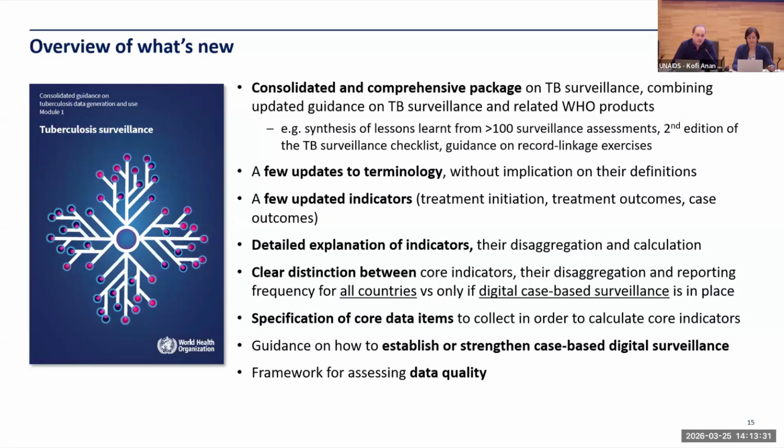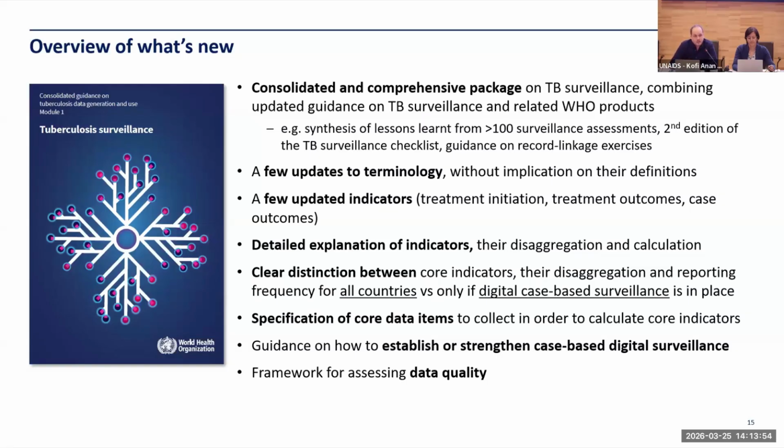We have a new way to disaggregate treatment outcomes, now by duration of treatment, so treatment regimen, rather than case type. And now we also have a new indicator for case outcomes, which looks at what happened to everyone who was diagnosed with TB, regardless if they started treatment.